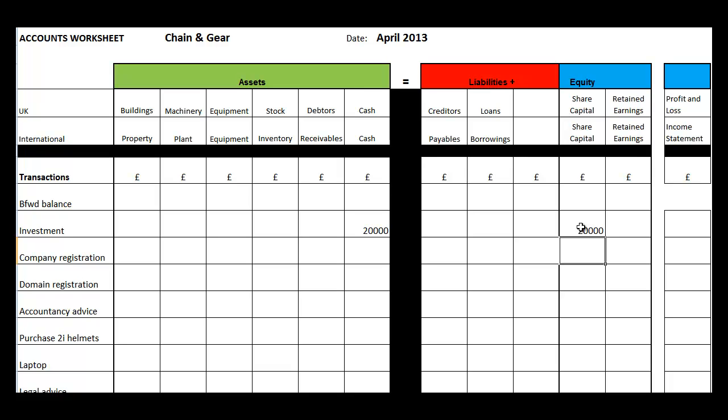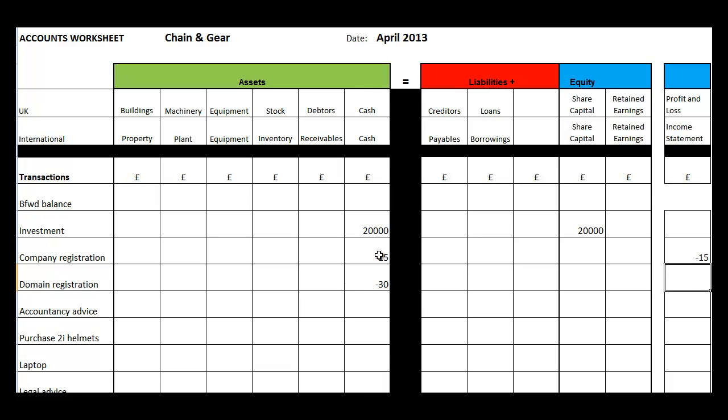Next, we are going to set up a registered company, which will cost us £15. And we're going to record this as an expense in the period of April. We're going to register a domain for £30.